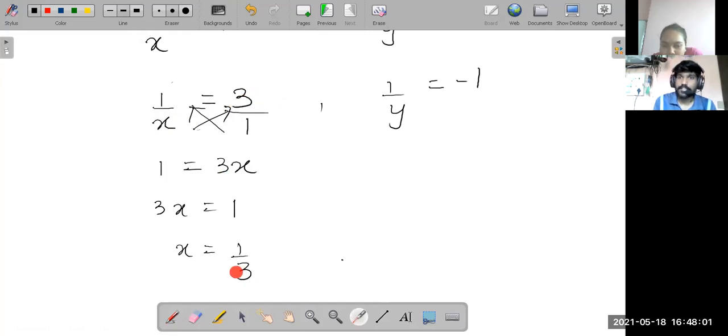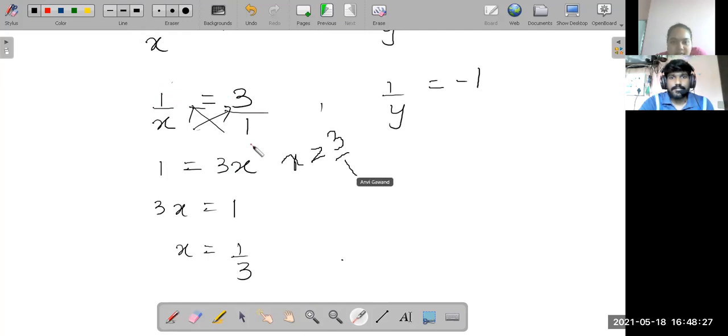Or you can treat it like this. Do you understand? But then why can't we take the 1 on that side and say x is equal to 3 into 1 and then x is equal to 3? How will you take 1? You're saying this 1 on this side. One minute, I'll just show you. x equals 3 upon 1.